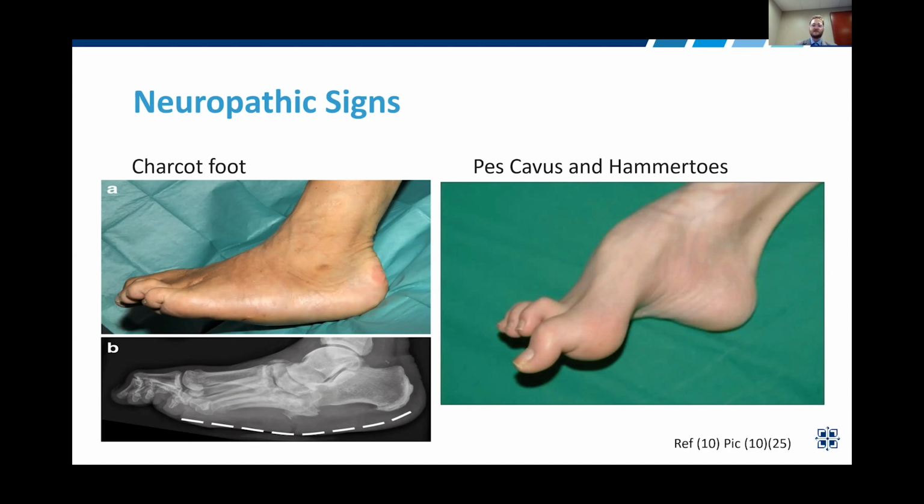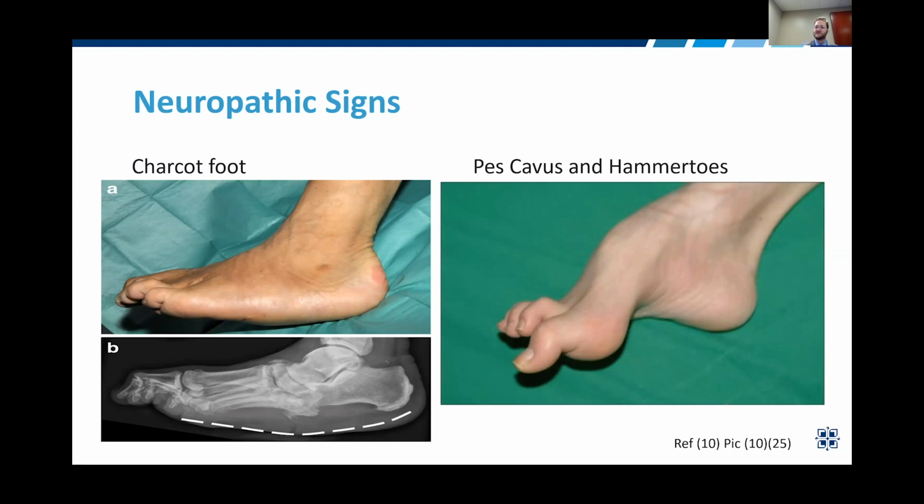Now, I show you these not necessarily because these are common findings in hereditary amyloidosis patients, but to show you that these are common findings in neuropathy patients and have been described in hereditary amyloidosis patients as well.